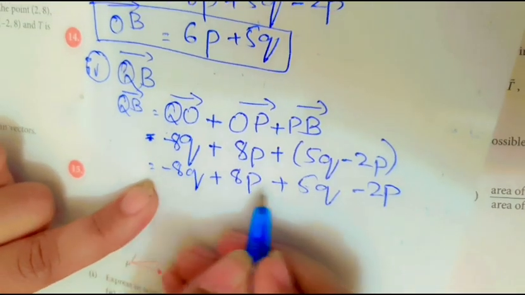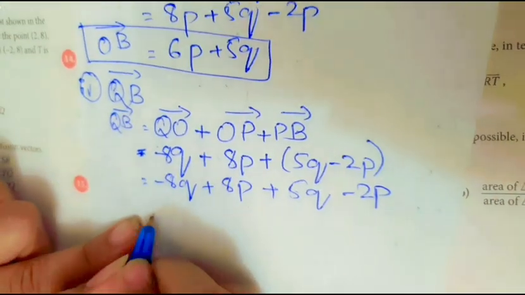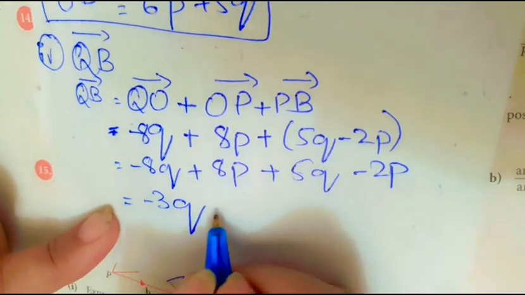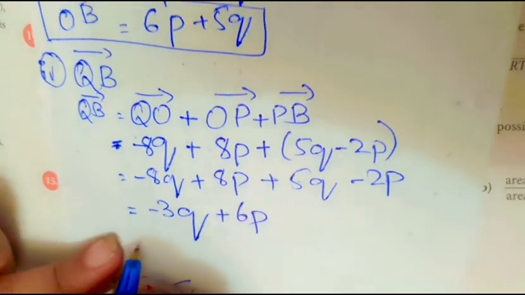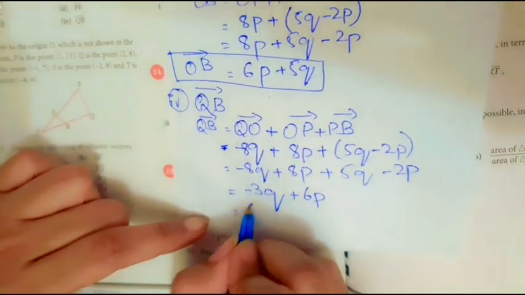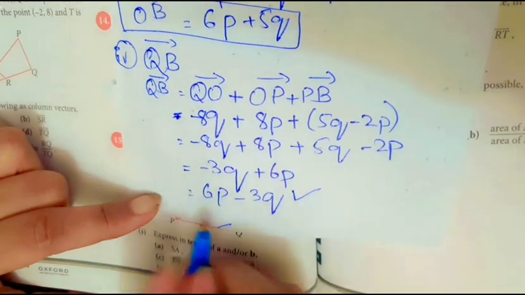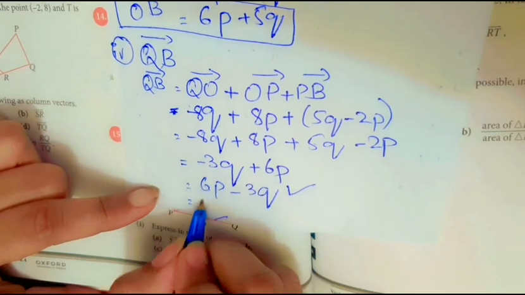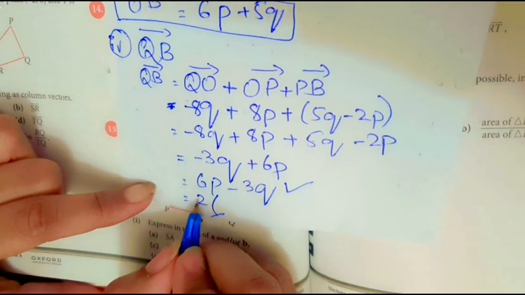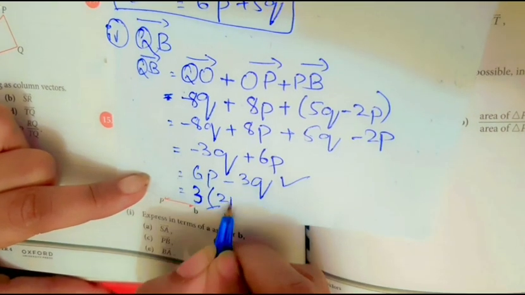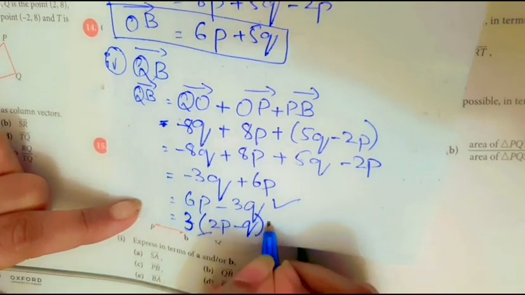Minus 8Q and plus 5Q would be minus 3Q. 8P minus 2P would be 6P. So if we want to write it more beautifully, we can write 6P minus 3Q. This is correct. Or we can take 3 as common, so we can write 2P minus Q. So this was part 4.